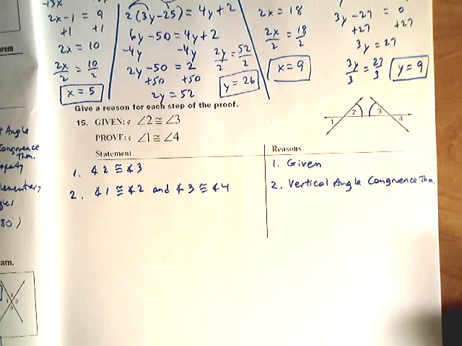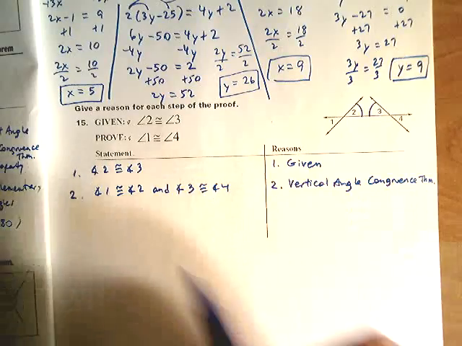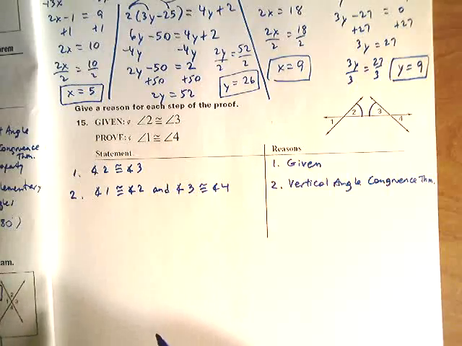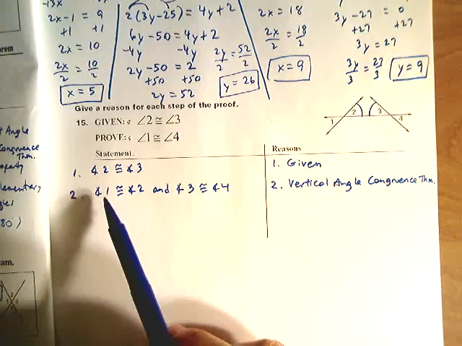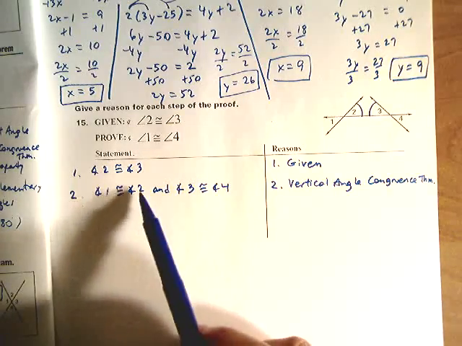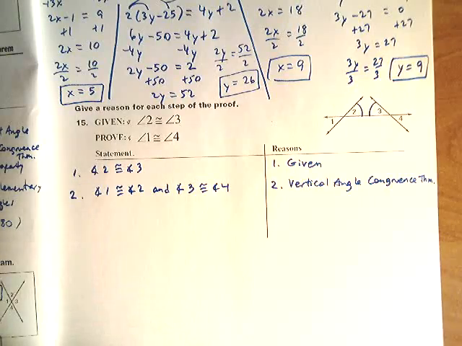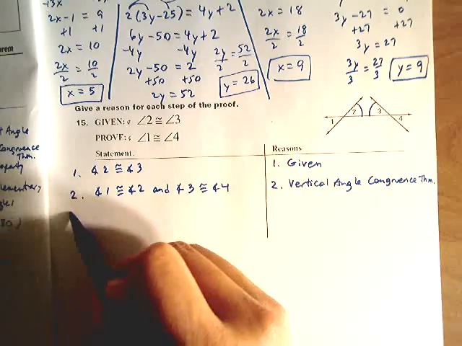Now, let's see here. What we want to eventually do is say that angle 1 is congruent to angle 4. Can I say that? Well, it seems to me that angle 1 is congruent to angle 2, and angle 2 is congruent to angle 3, so couldn't I say that angle 1 is congruent to angle 3? Yes. Now, what is that called? What's the property that I could name that with?